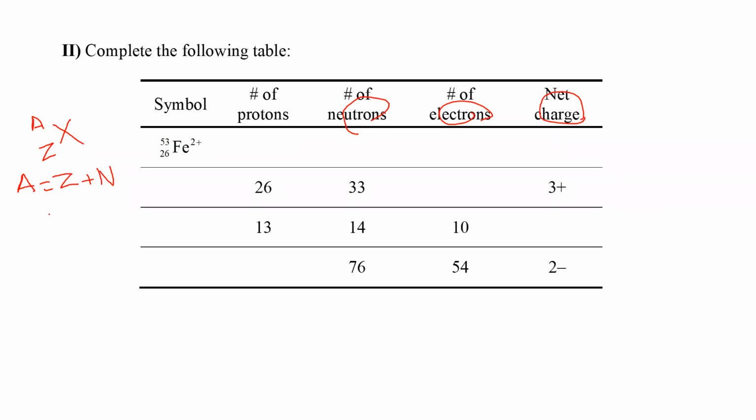Okay, and when it's charged, you're going to have X with Z and A, and the charge will be equal to Z minus the number of electrons. So if the atom is positively charged, that means that it has lost electrons. So Z will be bigger than the number of electrons, and it will be positively charged.